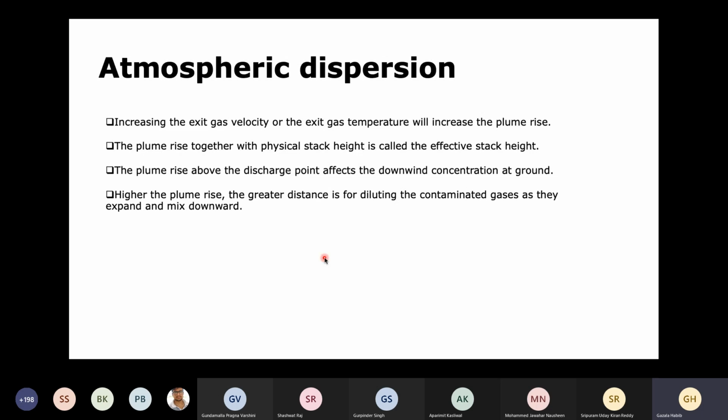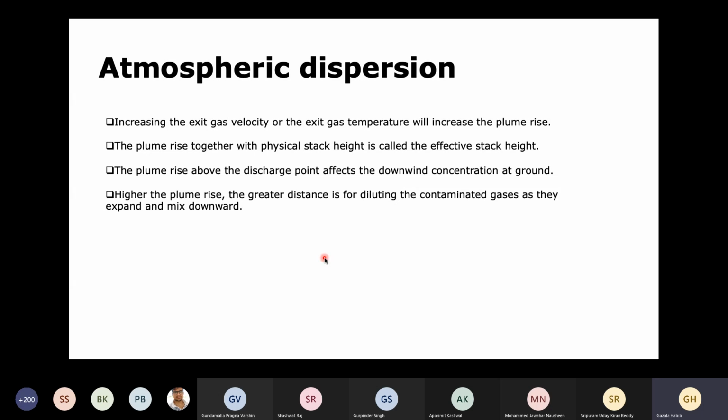Therefore, what will happen? The plume rise in case of brick kiln, where the combustion is poor, the stack height is maybe we can consider the same stack height, but because the combustion is poor, the moisture content of the flue gas is high. The exit velocity might be poor because the heat content of the flue gas is lower compared to the heat content of the flue gas from the thermal power plant.